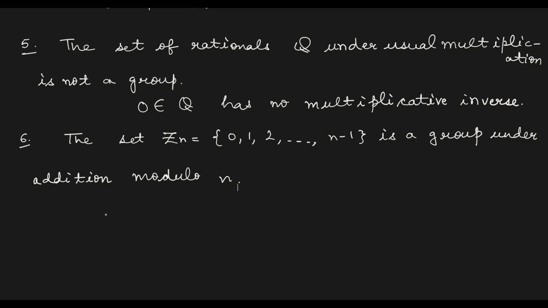So here also closure property will be easily satisfied, associative property will be satisfied, identity element will be 0. 0 belongs to Zn is the identity element.